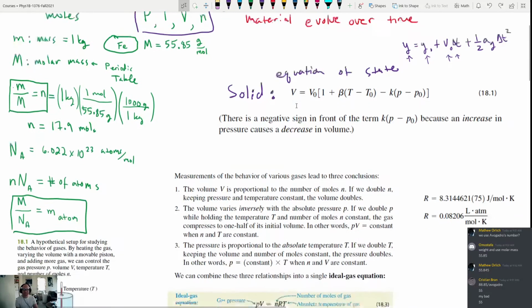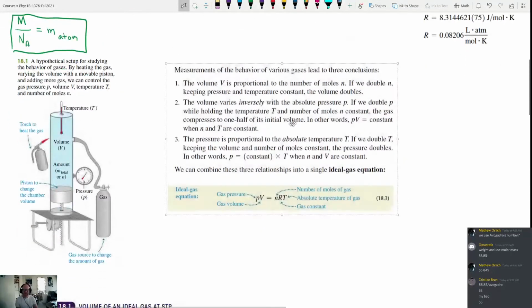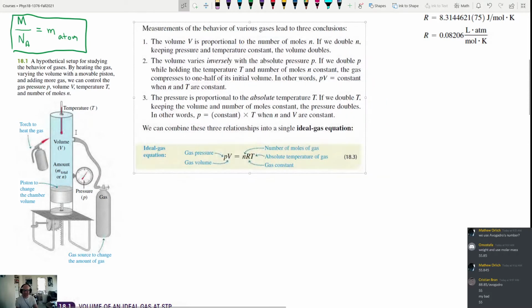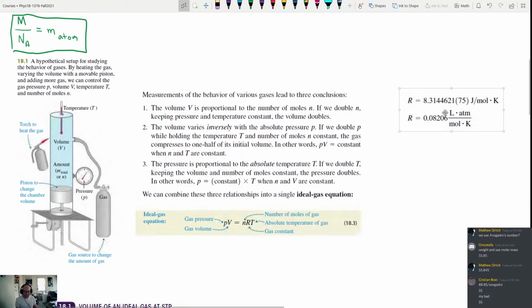Okay. So let's talk about the equation of state that we're going to be using the most in this class, which is for the ideal gas. I guess what we should say first is what an ideal gas is. An ideal gas is like this semester's version of the frictionless pulleys and massless pulleys and stuff like that.